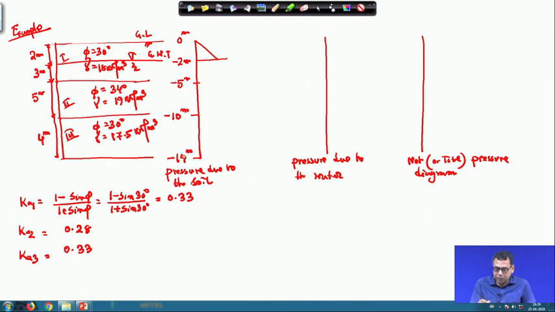Okay. So, up to 2 meter the value will be 2 into unit weight 18 into 0.33. Okay. So, that is the earth pressure for that part and that is equal to 12 kilonewton per meter square.